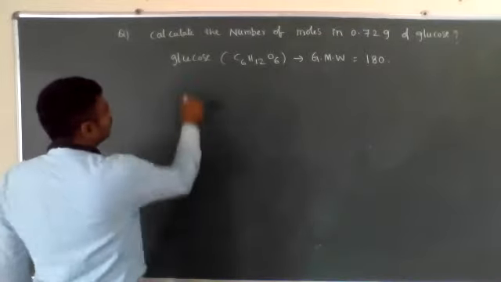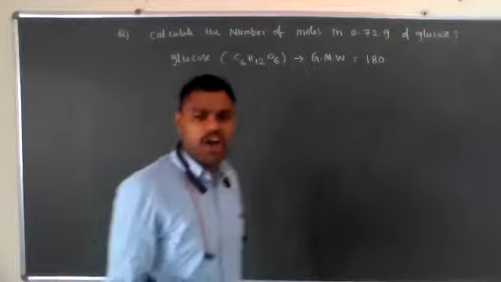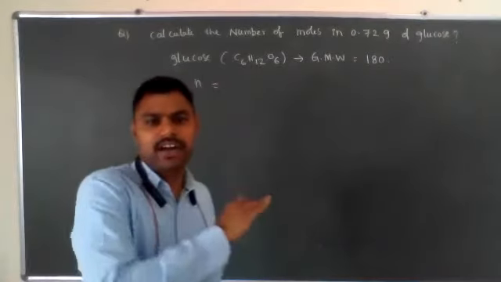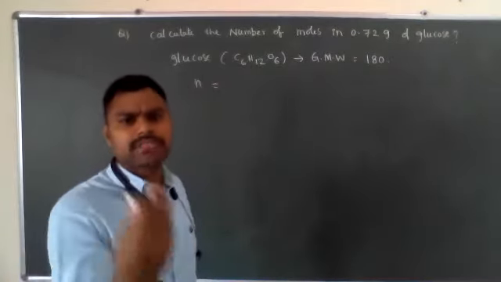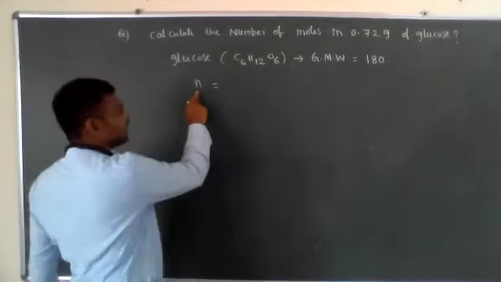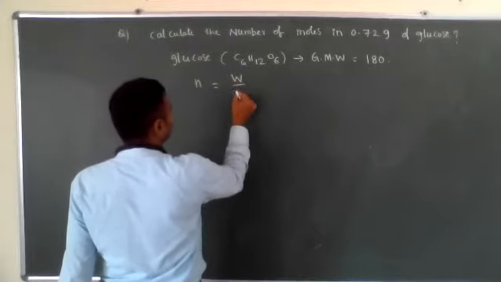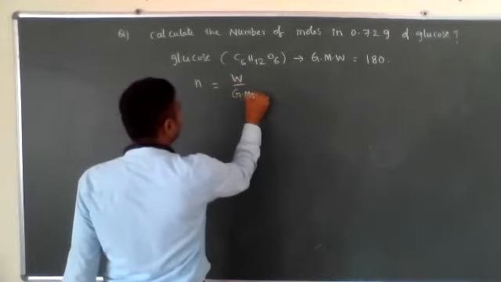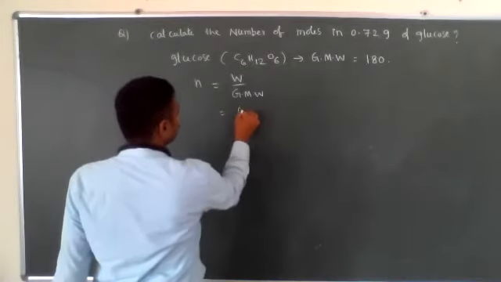Now what they asked: how many moles? The symbol for number of moles is small n. No need to always write number of moles, you can just use symbols. In chemistry, symbols are very, very important. So here n is equal to weight of glucose by gram molecular weight of glucose.